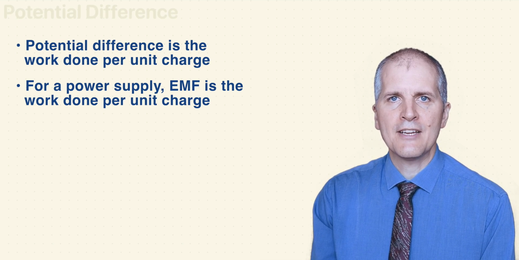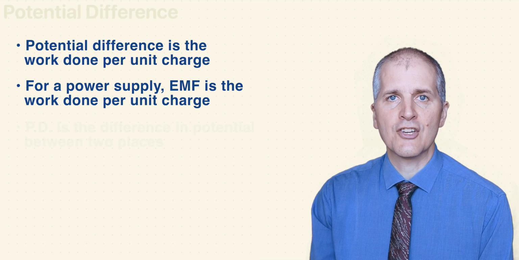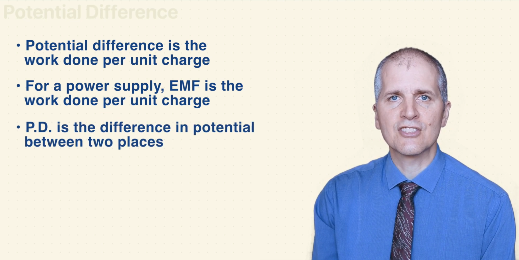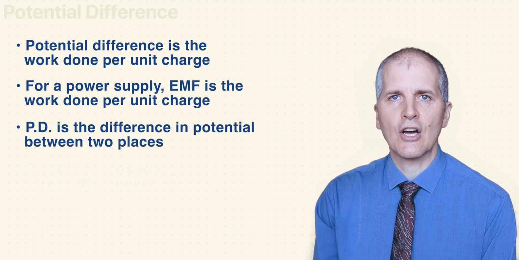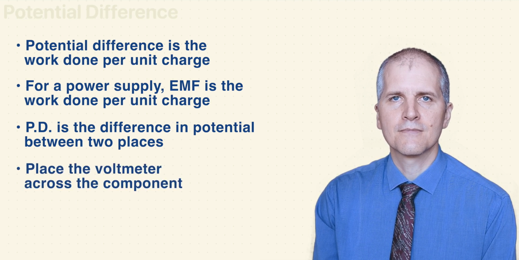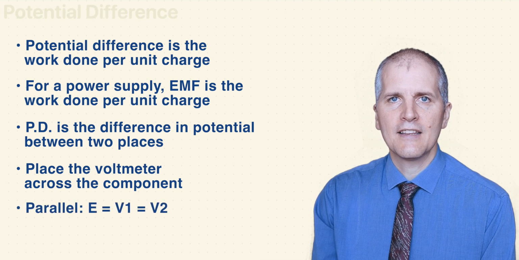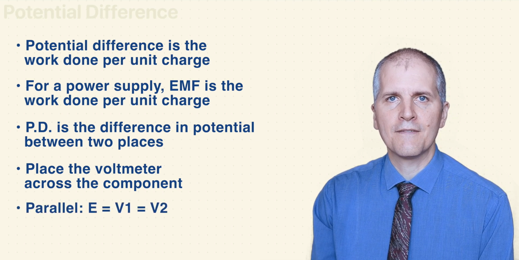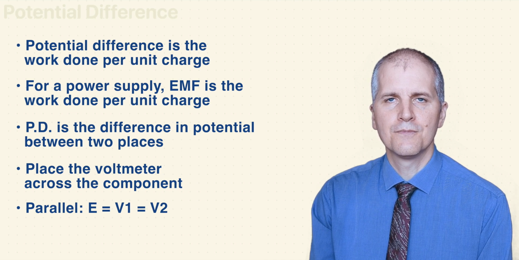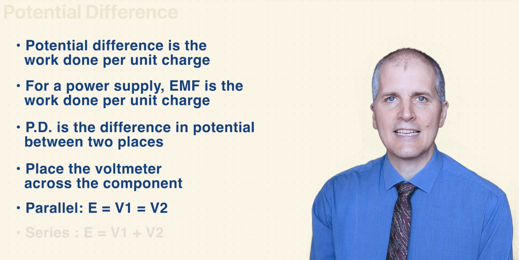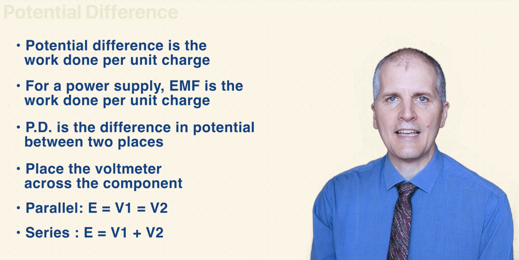If we're trying to measure the potential difference, we need to measure 2 places so we can get the difference. So we place the voltmeter across the component. And in a parallel circuit, the EMF, E equals V1 equals V2. But in a series circuit, E equals V1 plus V2.